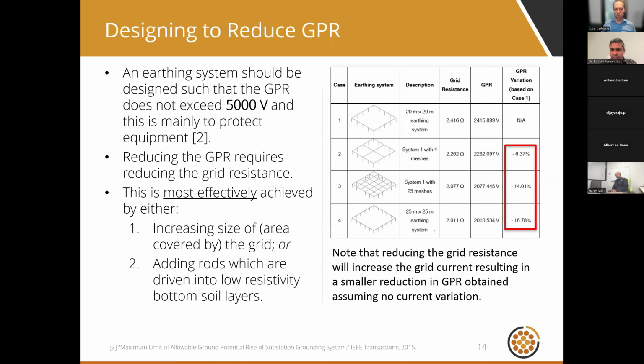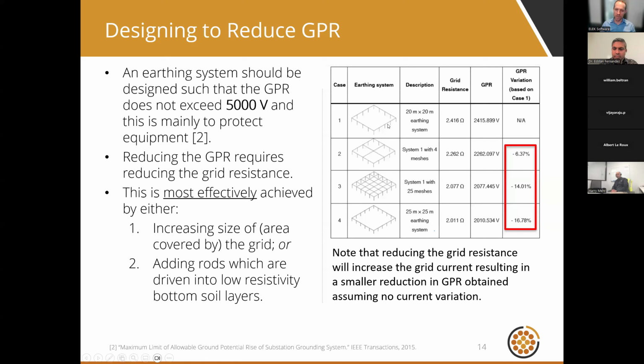As I mentioned before, GPR is an Ohm's law function of fault current and grid resistance. So therefore, if we can reduce the fault current or the grid resistance, we can reduce the GPR. This table here just shows some conditions where we've modified the earthing system.